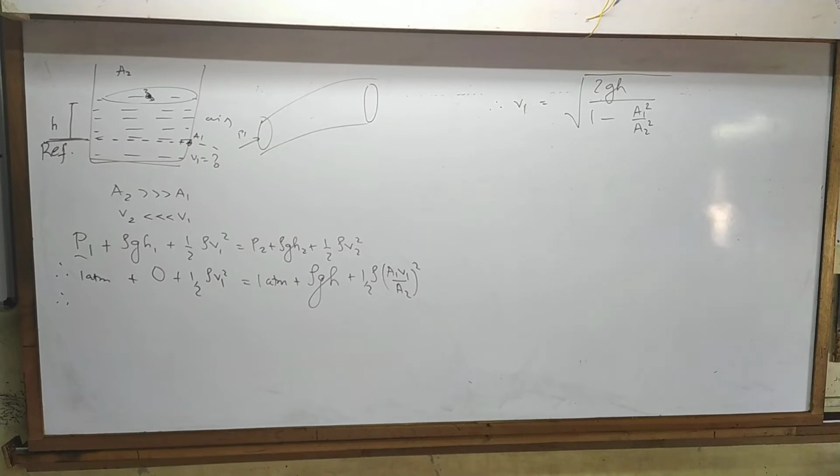One atm will be cancelled. You have to take rho forward and then you can.